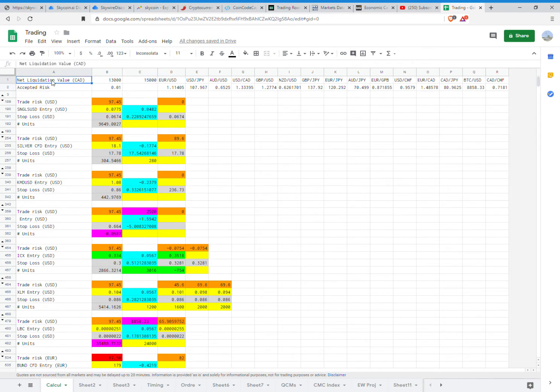I live in Canada, and this is based on Canadian dollar, so it will be useful for me to calculate in terms of Canadian dollar wherever I trade a USD market or yen market or whatever. I want to calculate my risk in terms of percentage of my capital in Canadian dollar. And here you have the typical risk factor that I calculate, 1% per trade.